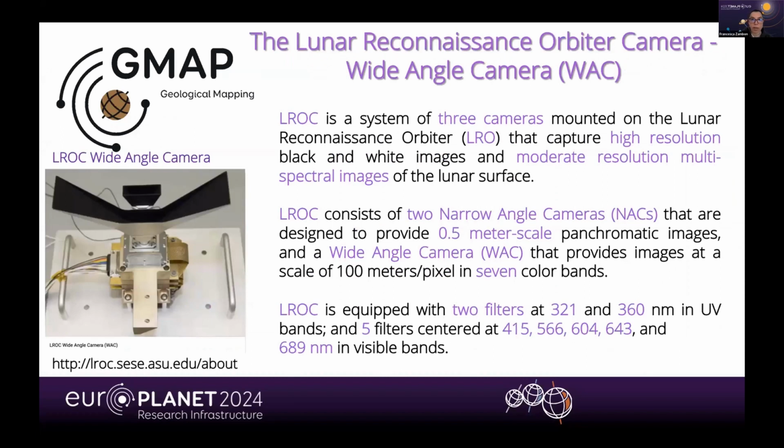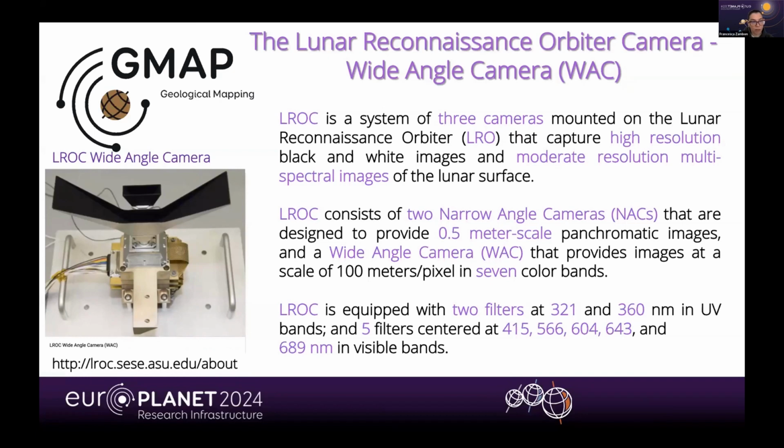We have also another wide-angle camera on board the Lunar Reconnaissance Orbiter. In this case, we have 2 bands for the UV channel and 5 bands for the visible part of the spectrum.